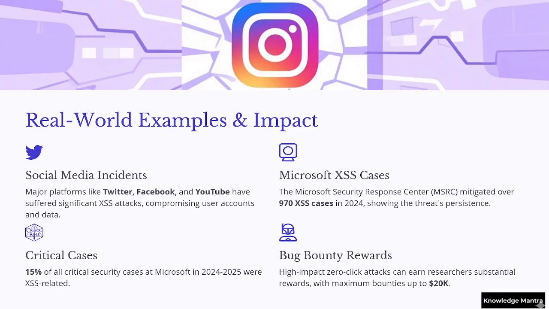Some bug bounties go up to $20,000. Imagine the amount for bug bounties. So, yes, XSS is not just a threat, it's a million-dollar game of cat and mouse between hackers and developers.